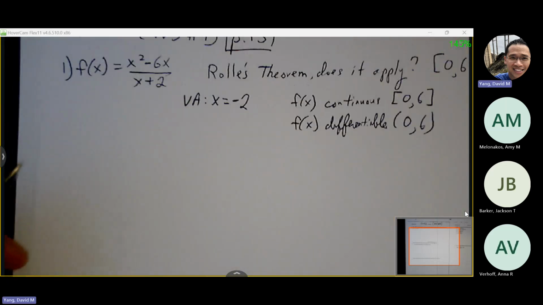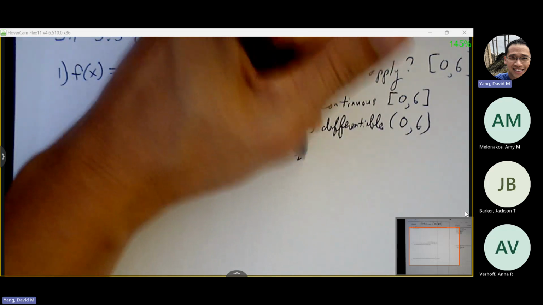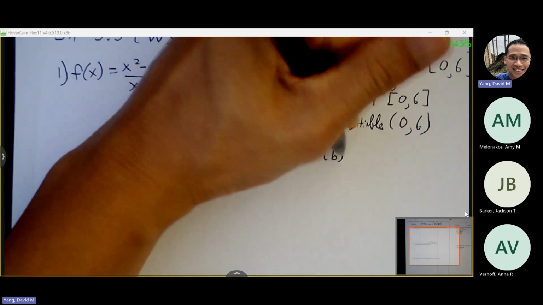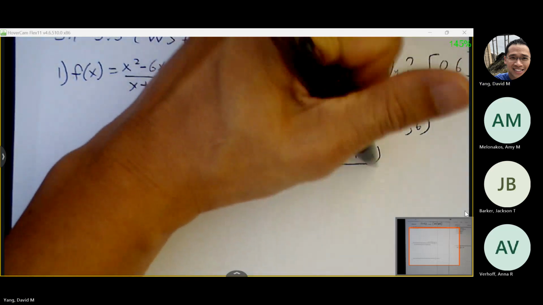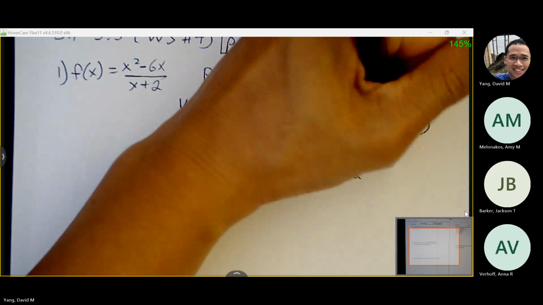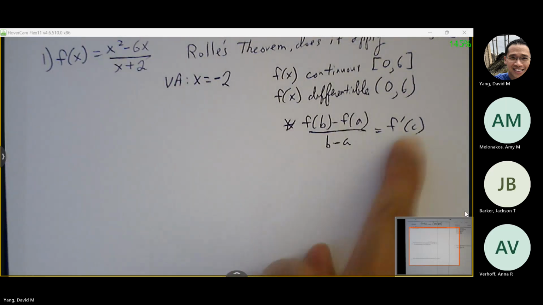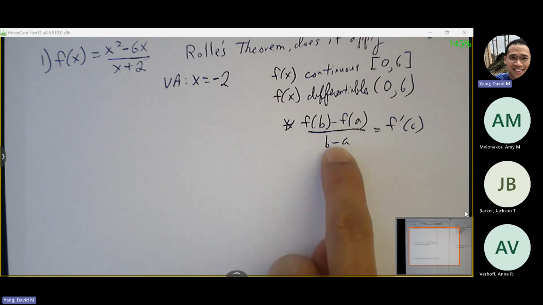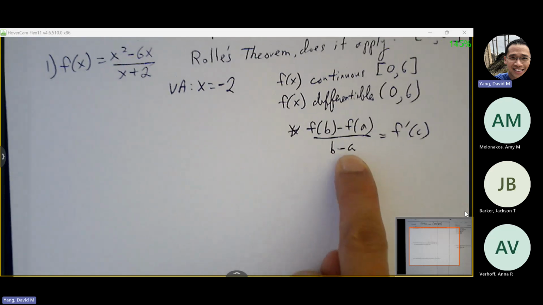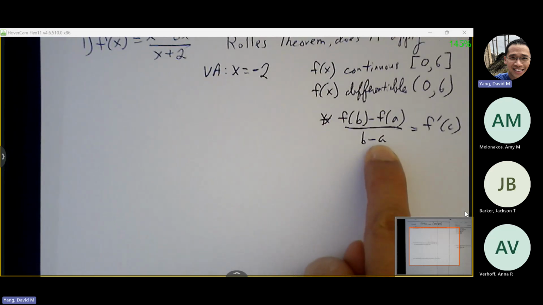Okay, next up, Rolle's theorem feels a lot like the mean value theorem because here's the formula. It's the same formula for the mean value theorem and Rolle's theorem. So what does this mean, and what do we want to do to begin with?